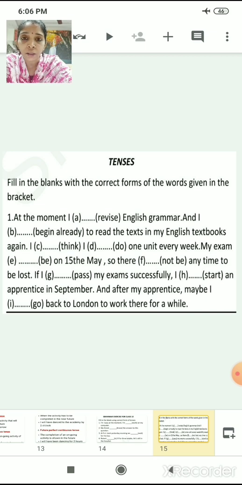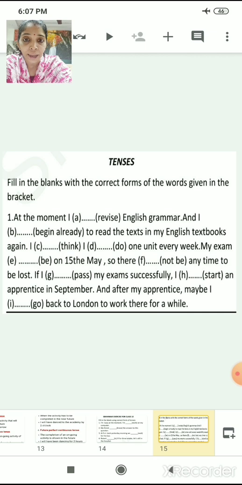At the moment, I am revising English grammar and I have already begun to read the text in my English textbooks again. What do you think? I think I will do 1 unit every week. My exam is on 15th May.